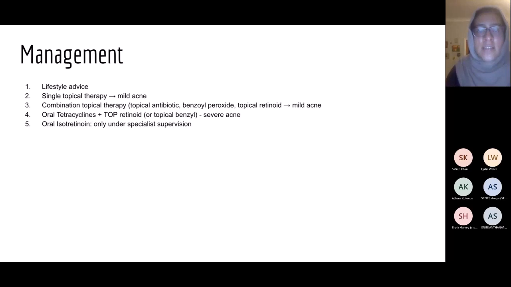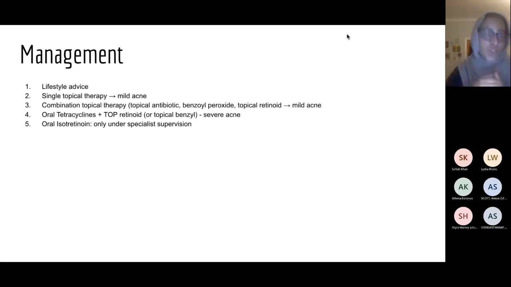But lifestyle advice, I think, means things like making sure you clean your makeup brushes, and not over washing your face, because that can actually worsen your acne. Being gentle to your skin and maintaining your skin barrier by ensuring there's plenty of hydration of your skin is really important in acne.